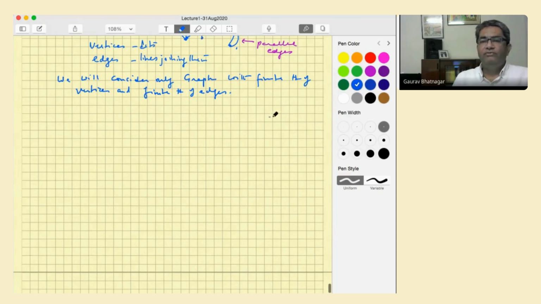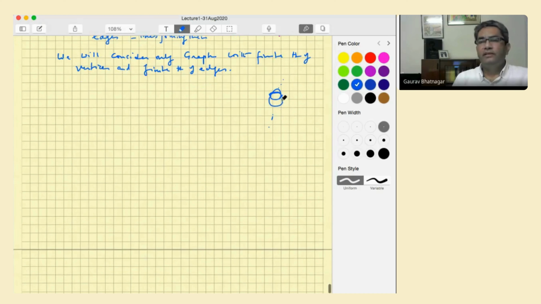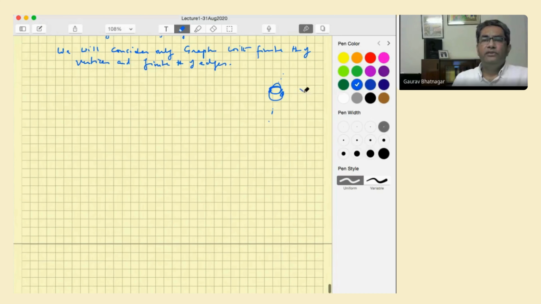You could have an infinite graph, with lots of parallel edges coming from the same two vertices. This we don't want.